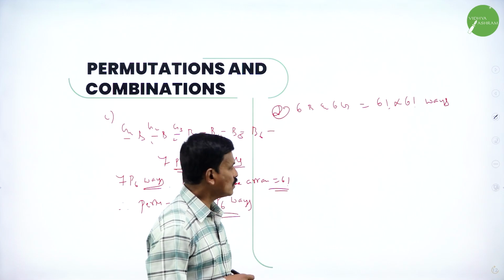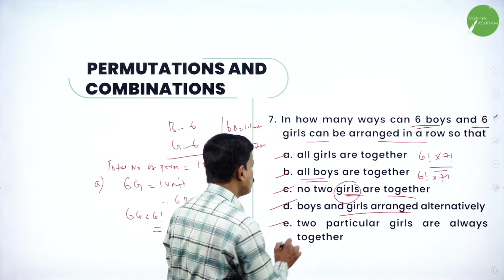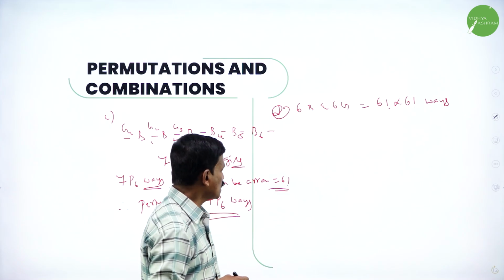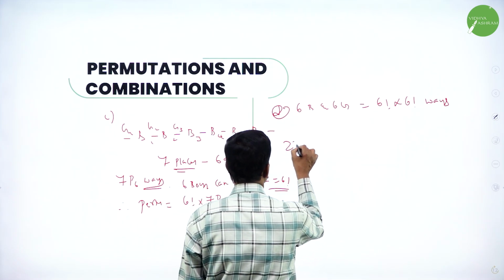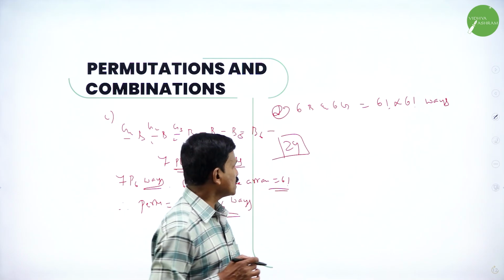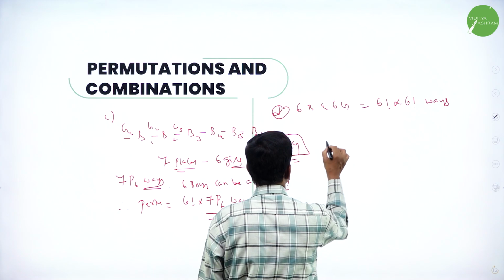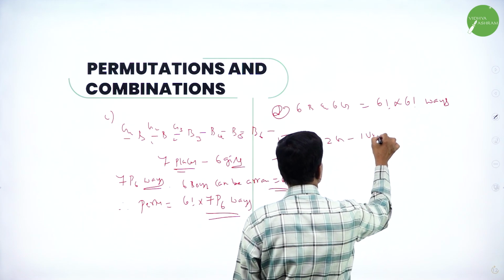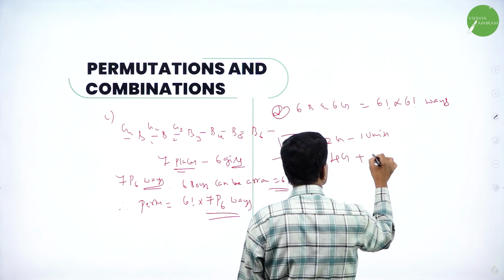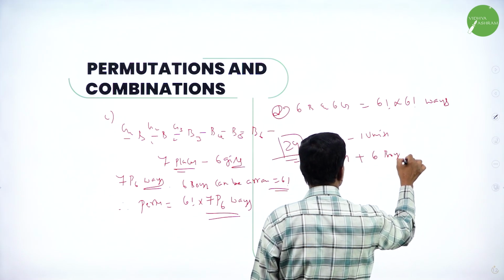Now, the last, what is the last? 2 particular girls are always together. How many? 2 particular girls. Let us consider these 2 girls as one unit. And what are the remaining? The remaining 4 girls plus 6 boys.